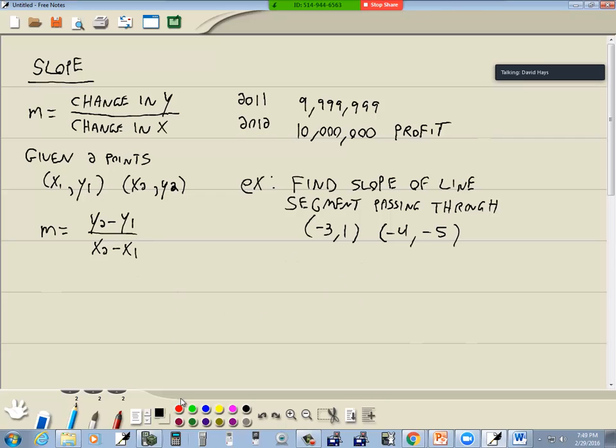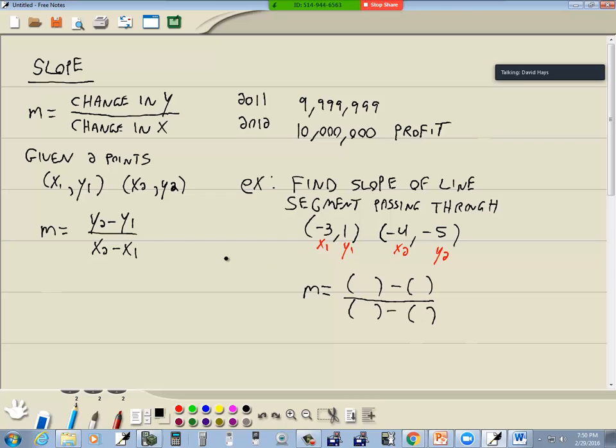Well, first off, we need to label them. This is our first point, so this will be x1, y1. This is our second point, so this will be x2, y2. Now, it's always a good idea, unless you don't mess up on signs at all, to go through and replace all of your variables with parentheses before you plug in your numbers.